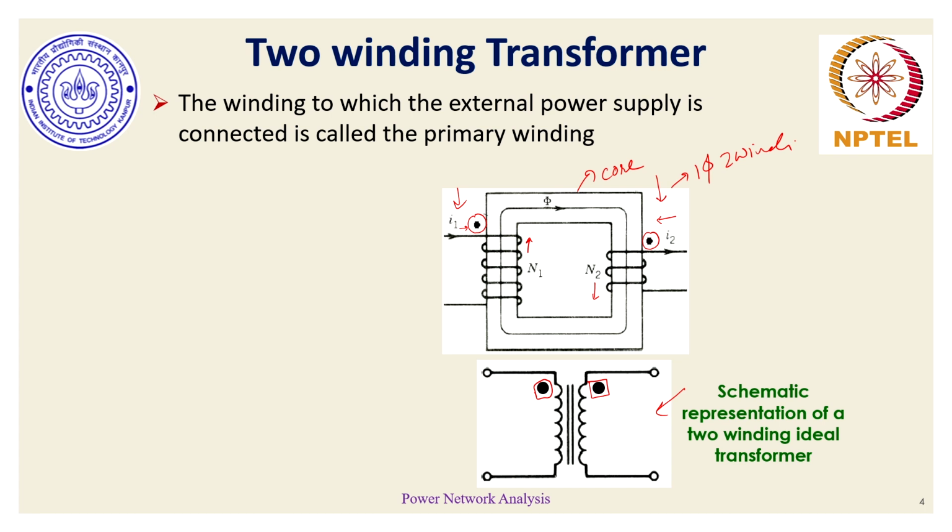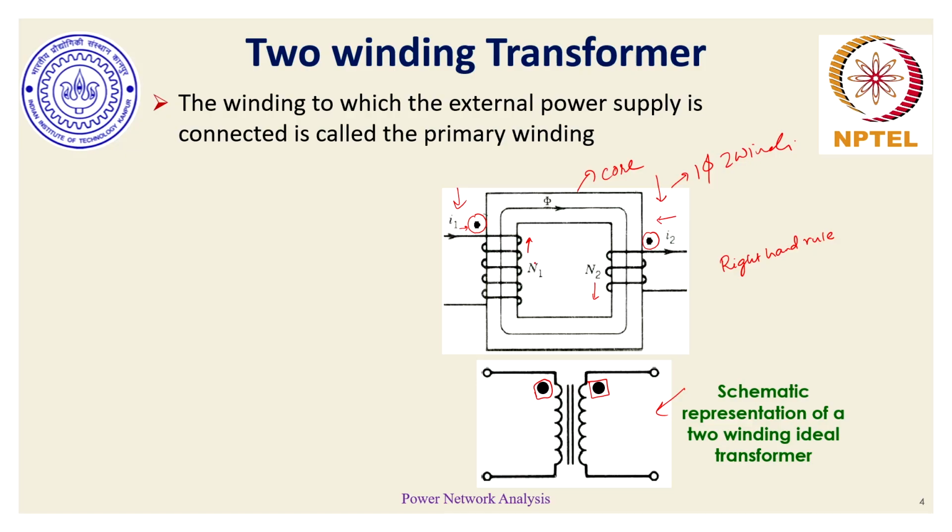Now how do we figure out the flux orientation in this core? One can always make use of the right hand thumb rule, or right hand rule, which says that depending on the flow of current, if the fingers of the right hand except the thumb curl in the direction in which the current is flowing, then the thumb would point towards the direction of the magnetic flux which this solenoid or winding is creating.